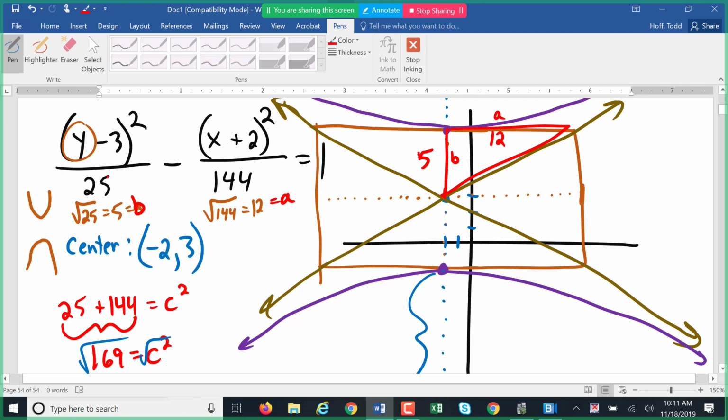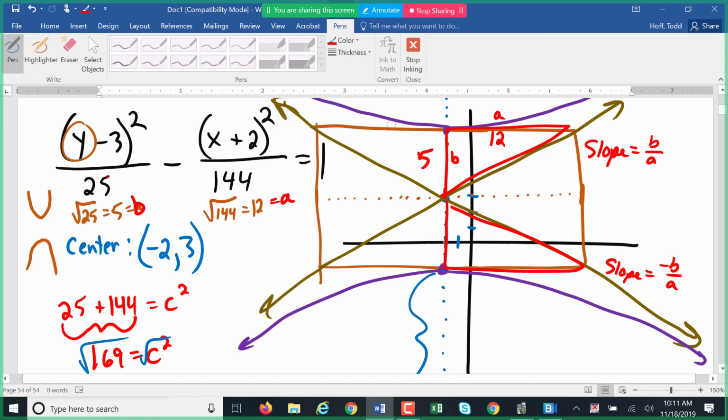So the slope of that is simply b over a, rise over run. The slope of the other one here is going to be negative b over a.